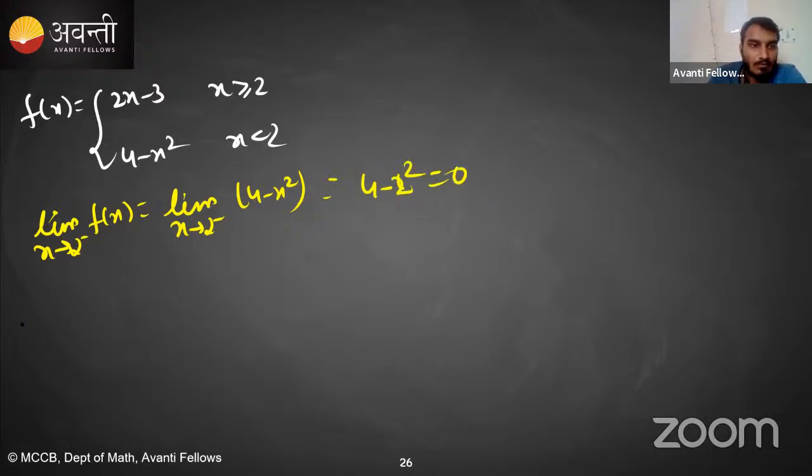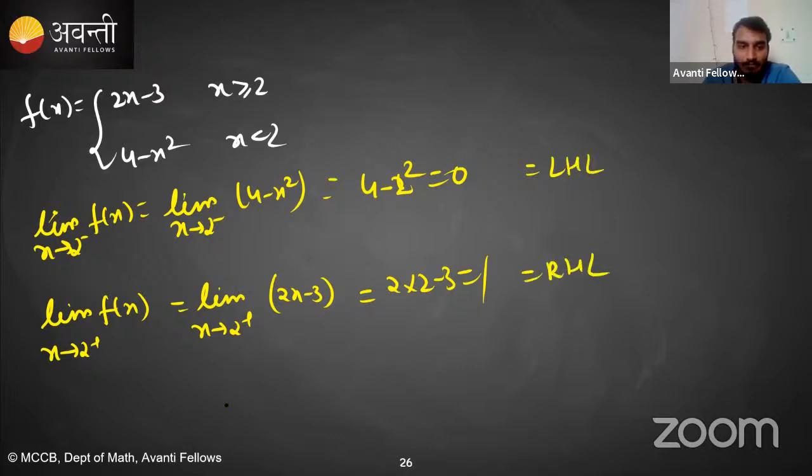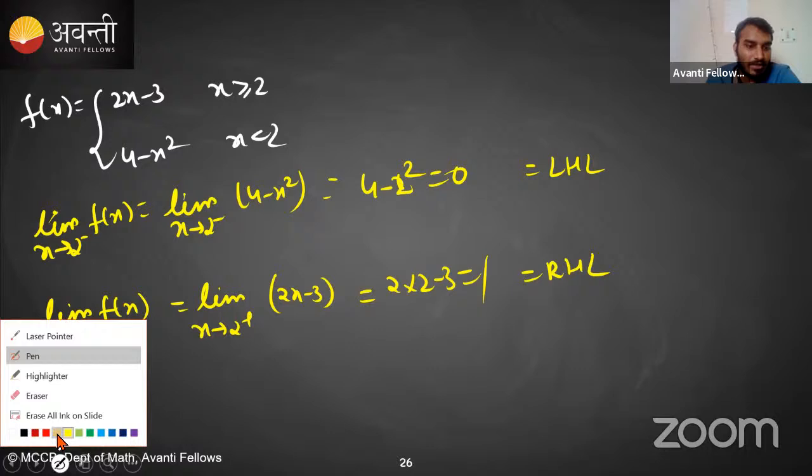Now limit x tends to 2 plus f of x, which is limit x tends to 2 plus, what is the function in the right neighborhood? 2x minus 3. Put x equal to 2 in it: 2 into 2 minus 3, which is 1. So directly you can also find the limit. So this is LHL, this is RHL. So hence the limit does not exist.